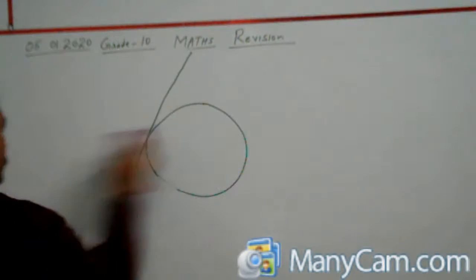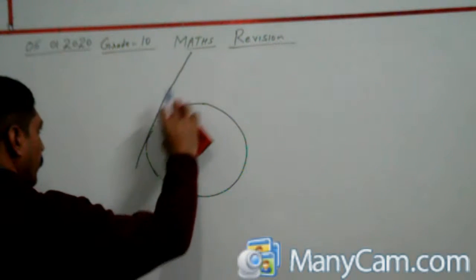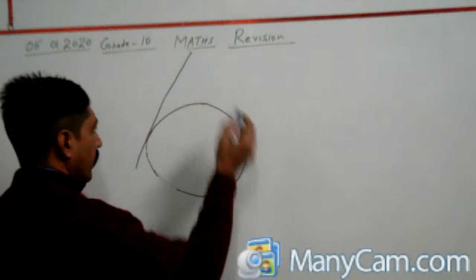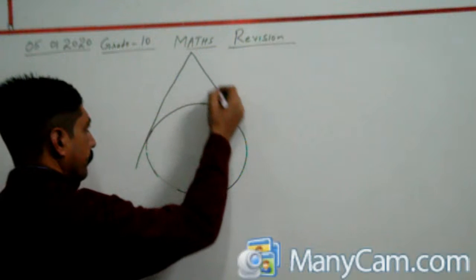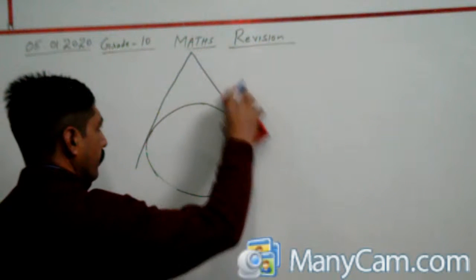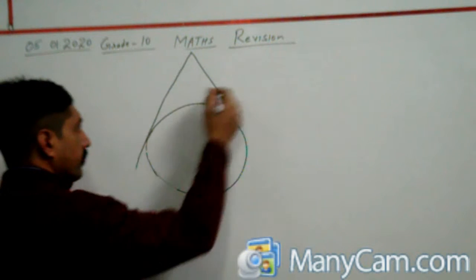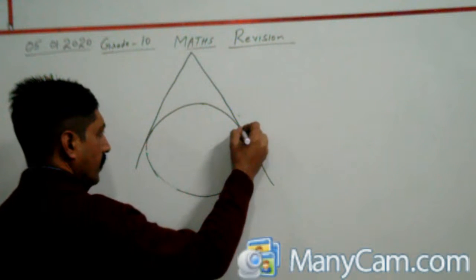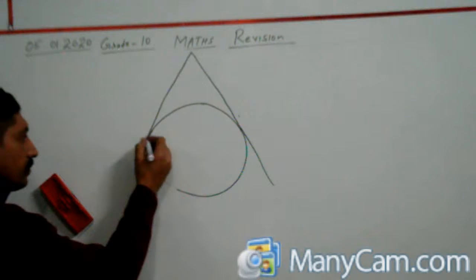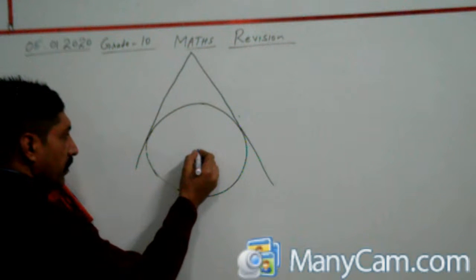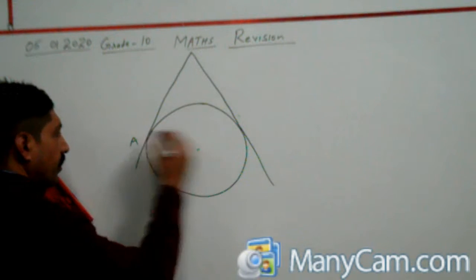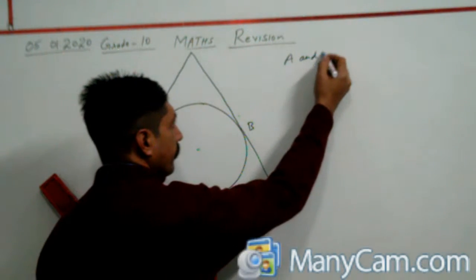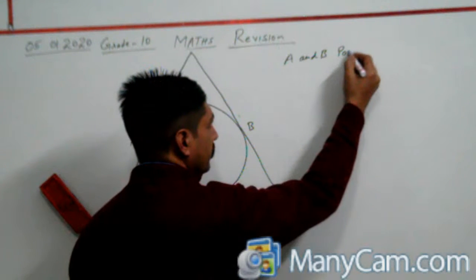So here in this circle, one more tangent. So here what we have, that A and B are the points of contact.